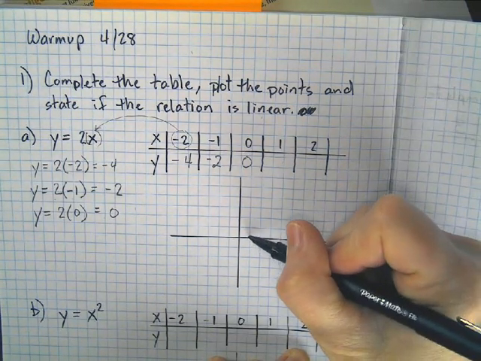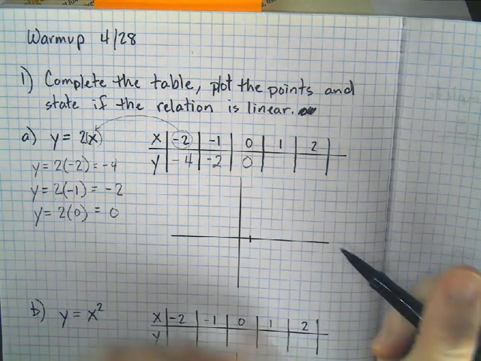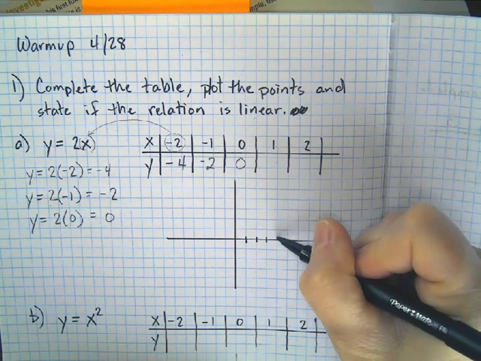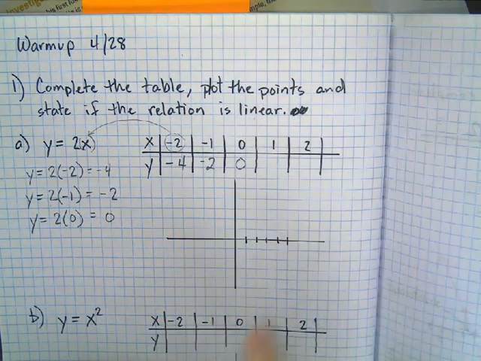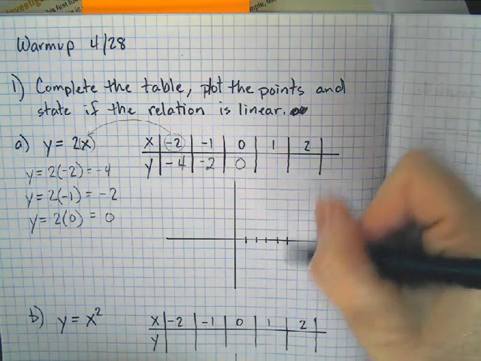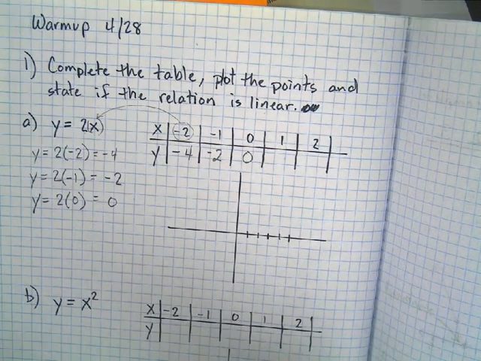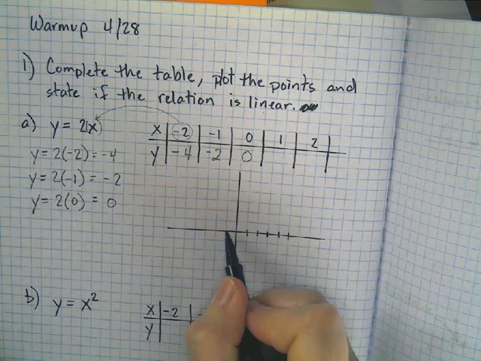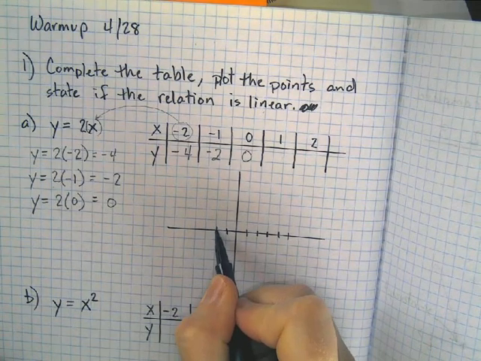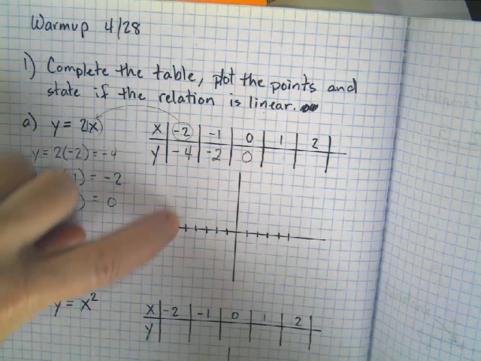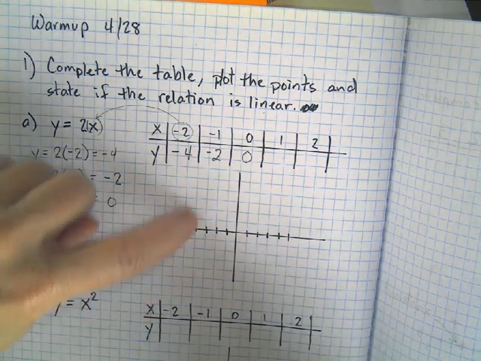So this would be 1. So here's 0. This would be 1, 2, 3, 4, 5. See how I am using the lines on the graph paper? Okay, and the other way, -1, -2, -3, -4, -5.